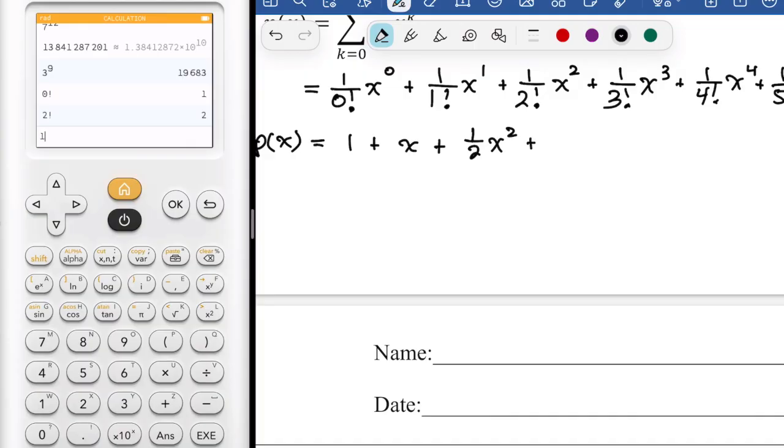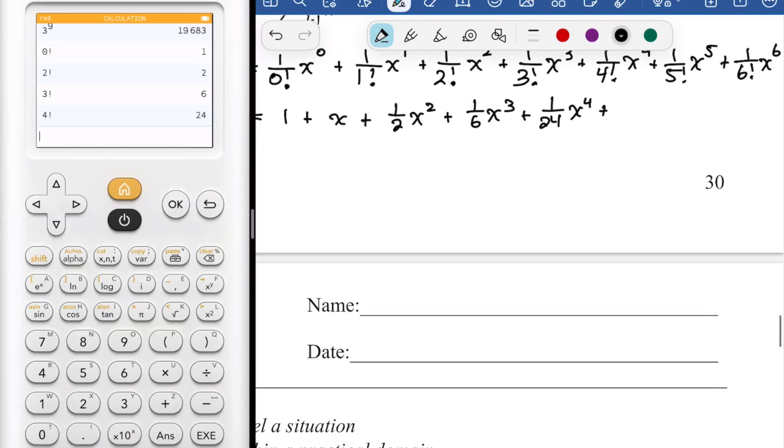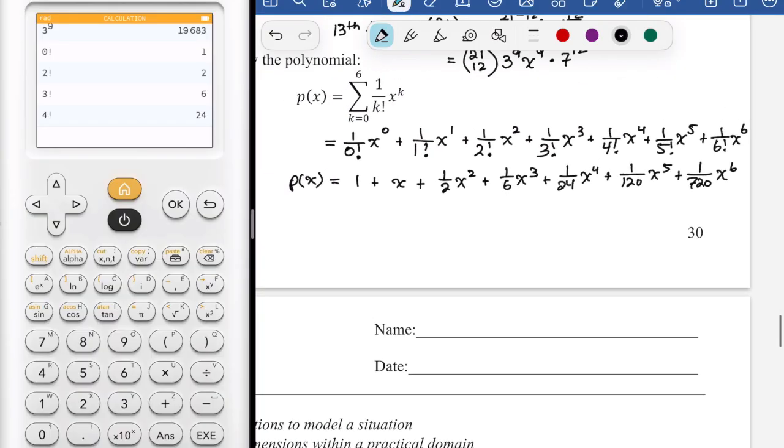1 over 3 factorial, I'll just do the 3 factorial. So 1 over 6 x to the 3rd. 1 over 24 x to the 4th. This ends up being 1 over 120 x to the 5th plus 1 over 720 x to the 6th.